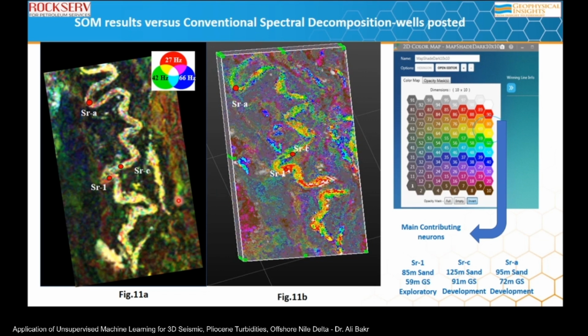If you put the same locations of the wells on the spectral decomposition, you cannot differentiate any one of them. And actually, the location of those wells was selected according to a geological concept rather than using the output of the spectral decomposition itself.